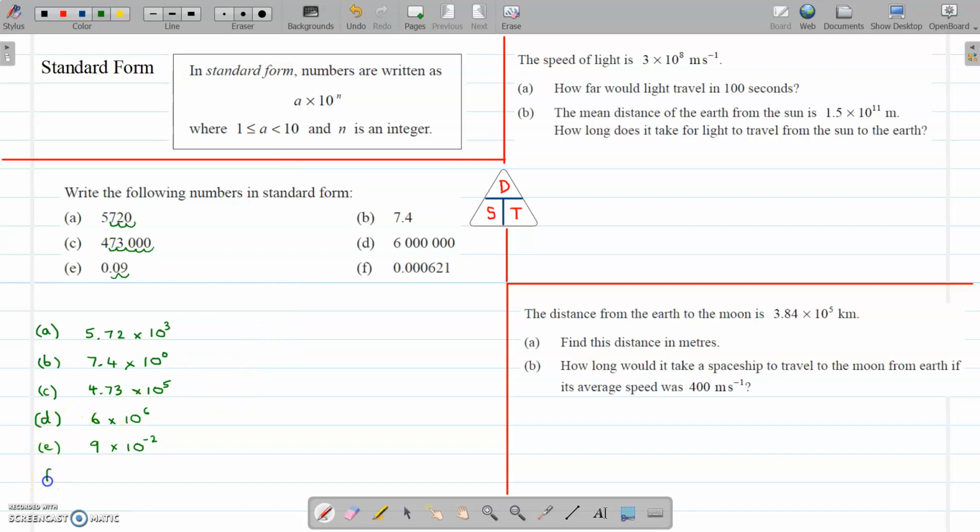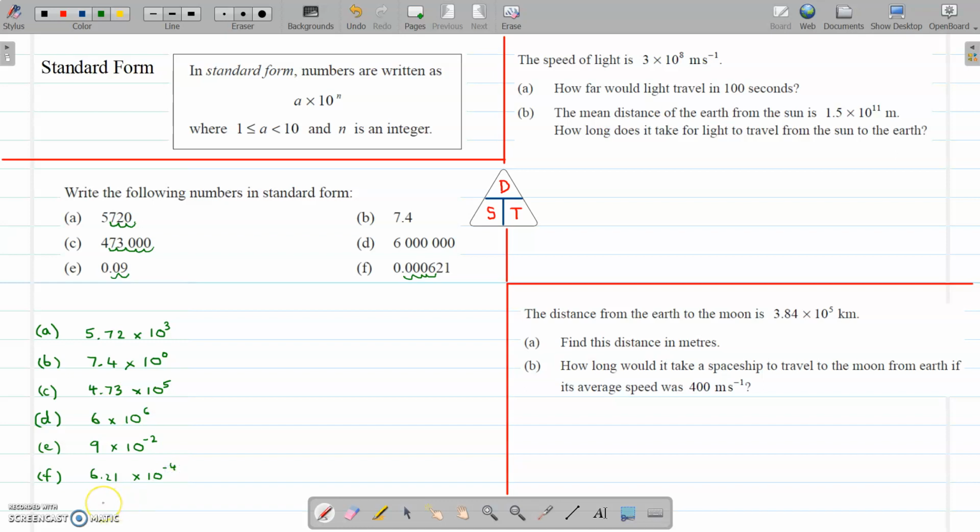Now let's take F, and in F we have to move the point from here. Let me show you the working: 1, 2, 3, 4, so that it creates the number 6.21. So the base is going to be 6.21, and that's going to have to be multiplied by 10 to the power of negative 4.